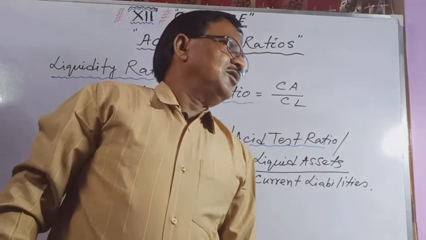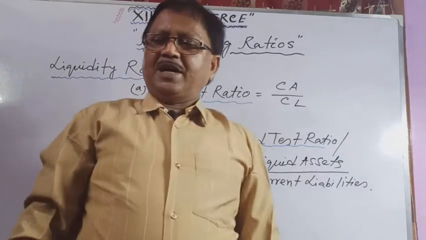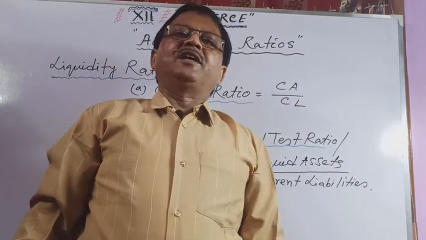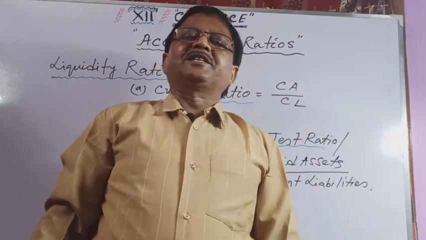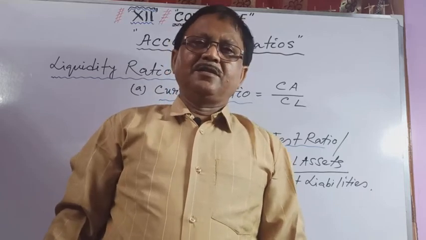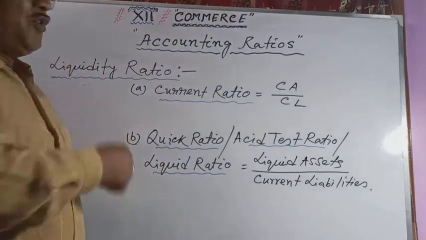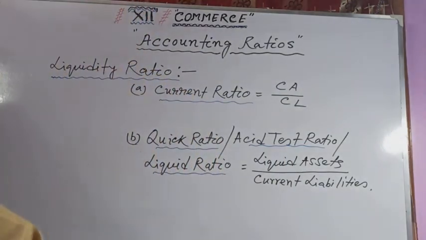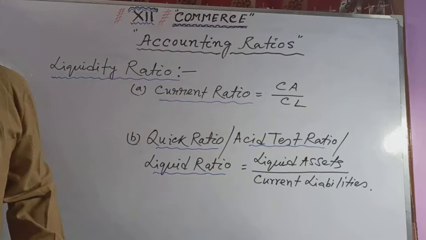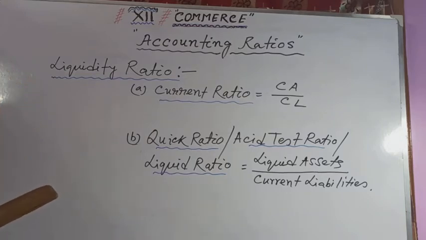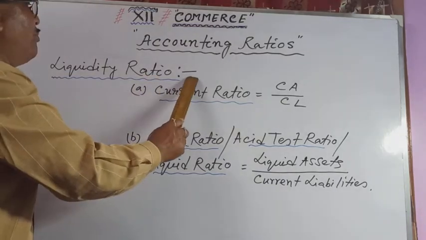Good afternoon. Today I am going to start ratio analysis, the classification of ratio analysis. First, let us discuss the liquidity ratio. What do you mean by liquidity ratio? Liquidity ratio means the ability of the firm to pay its current liabilities in proper time.